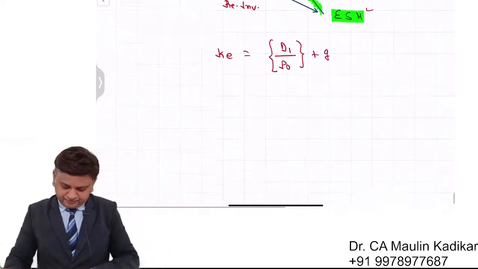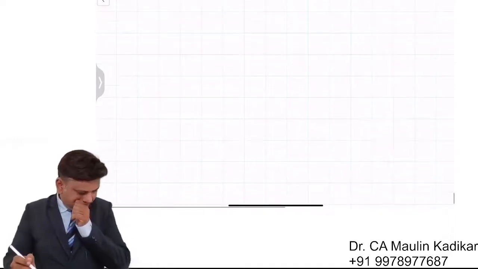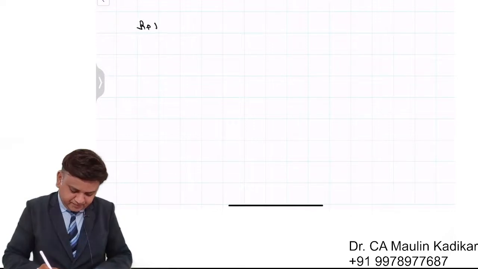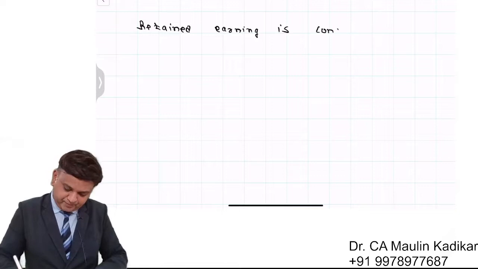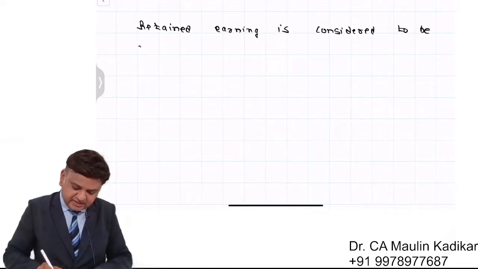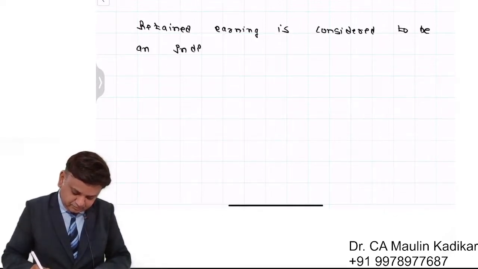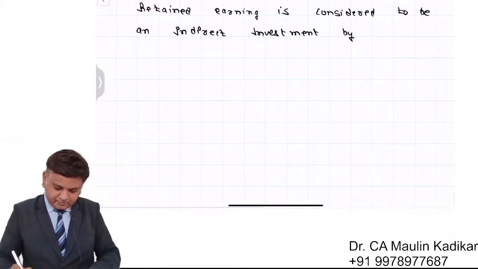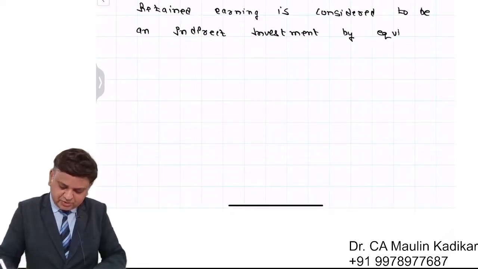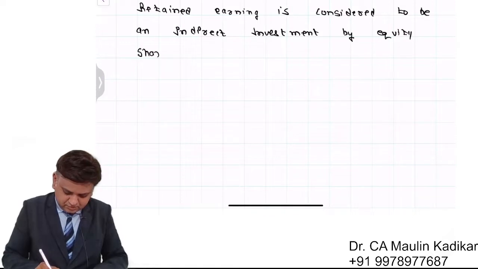Let us answer the question. Retained earning is considered to be an indirect investment by equity shareholders. Full stop.